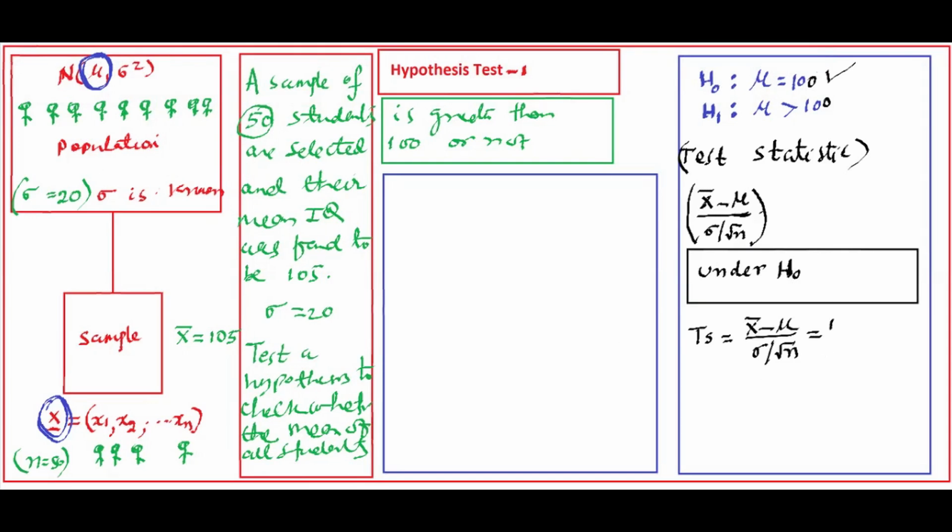X bar is 105, that is given. Mu we have accepted under H naught means mu is 100. Sigma is given 20. Square root of 50. If you find this, the value is 1.768.